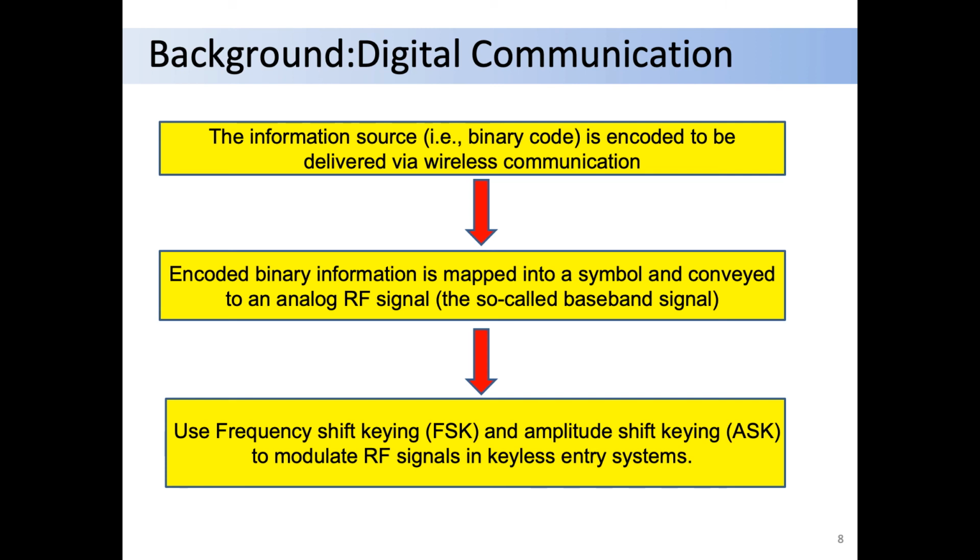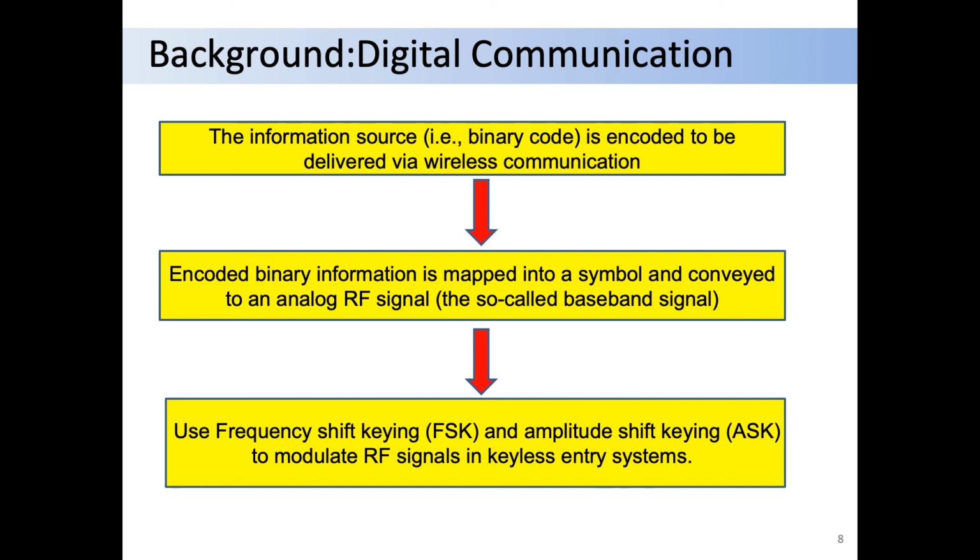Now let's see the principle of digital communication. The information source, usually binary code, is encoded to be delivered, and then the encoded binary information is mapped into a symbol and conveyed to an analog RF signal.